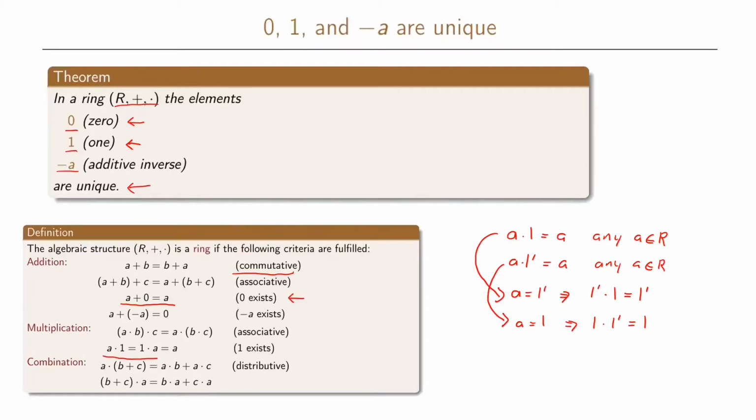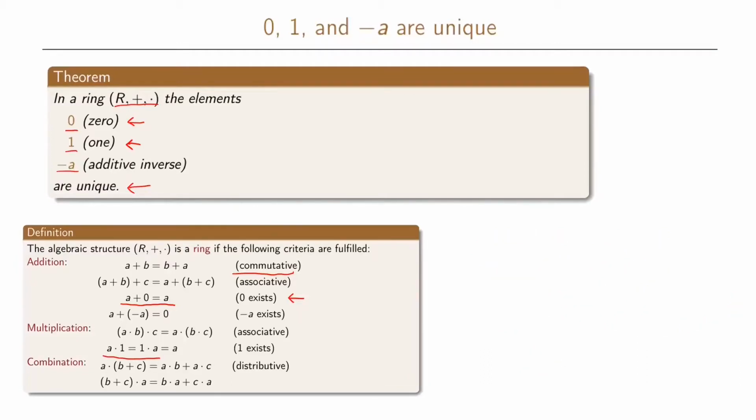And since our identity element will commute, we can write this last expression as 1 prime times 1 equals 1. If we now compare these two expressions, it is clear that 1 prime equals 1. So the identity element must be unique.